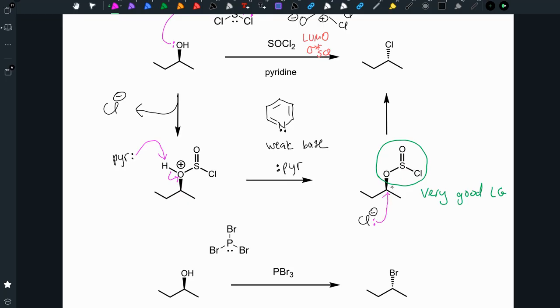And when I attack this leaving group, what it produces is another Cl minus, but also sulfur dioxide gas.